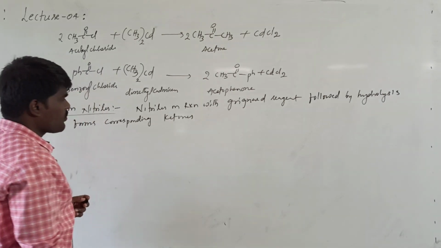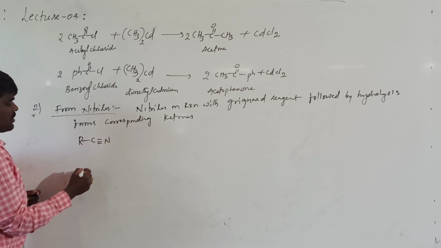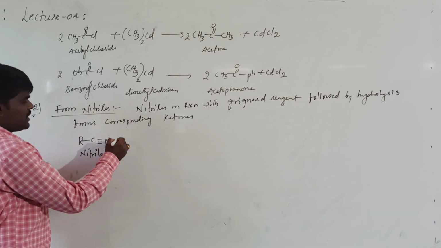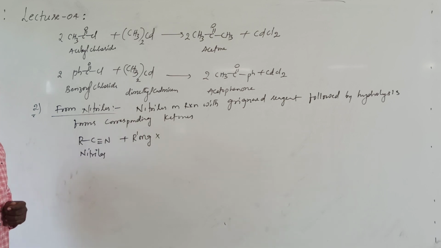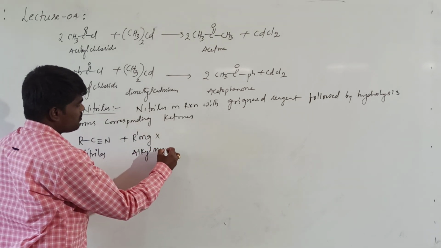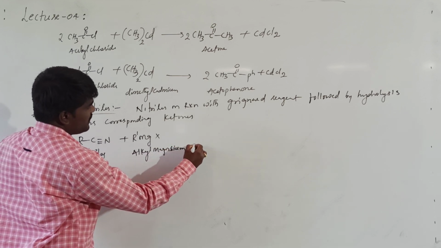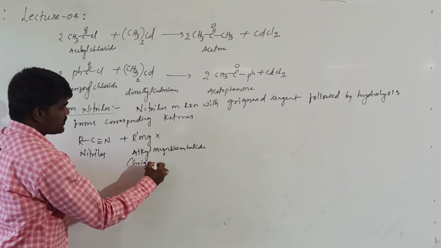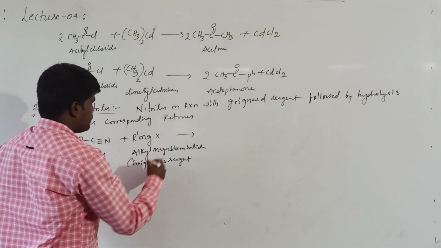Right? Now let us see what is meant by this. Basically, RC triple bond N is called as nitriles, or we call them as cyanides. When you treat them with Grignard reagent, alkyl magnesium halide, what it will form?